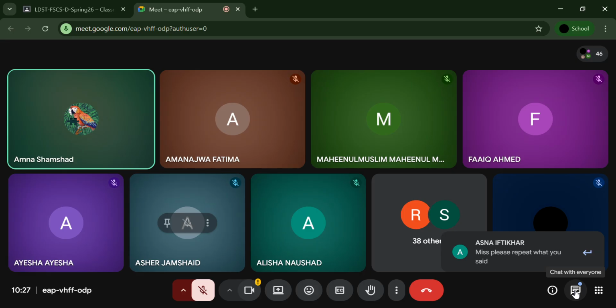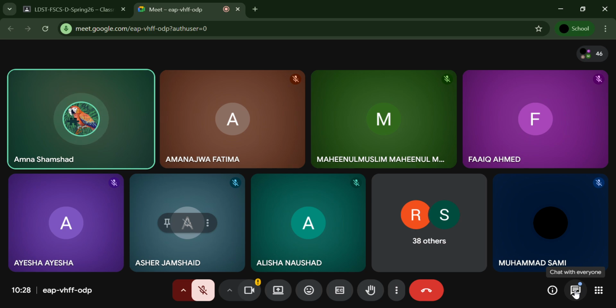Asna, about which topic? I'm repeating: cascading, timing diagrams, pause K mapping, and the NAND NOR implementation are not included.